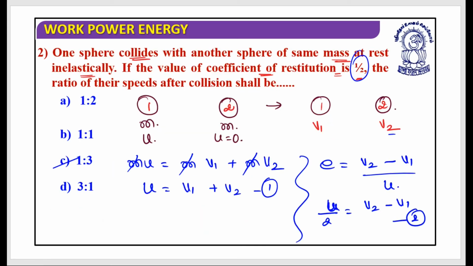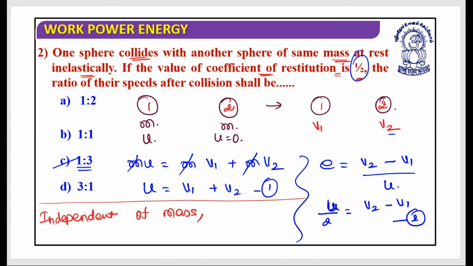Now one very good thing is that this ratio, look at this, is very surprising, this ratio is independent of the mass of the body. I'm talking about the ratio, I'm not talking about the individual v1 or v2.